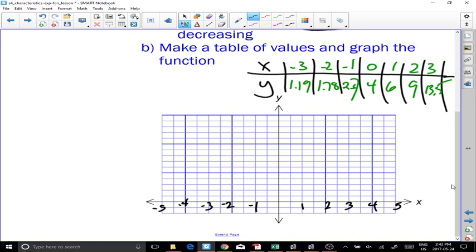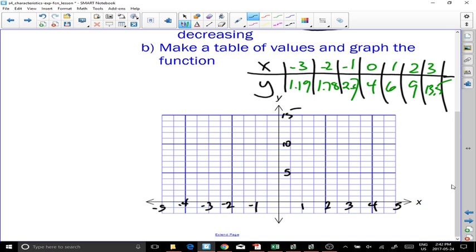There's 15 squares. I might as well just make each one worth 1. So that means that this would be 5, 10, 15. Okay? Could you use a different scale than I used? Yep. Would you be wrong? Not necessarily, as long as you use the appropriate numbers and as long as we can fit all those values on our graph.